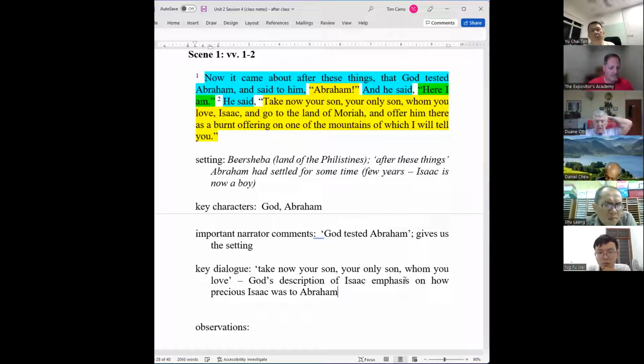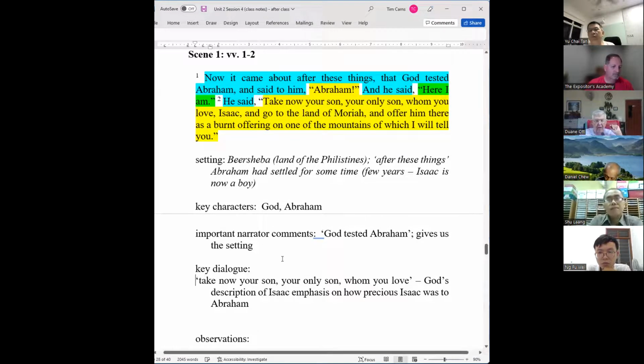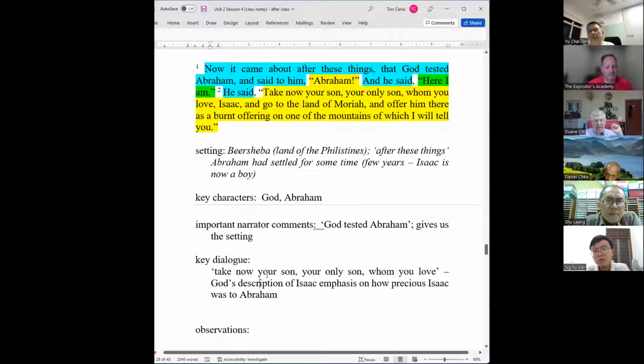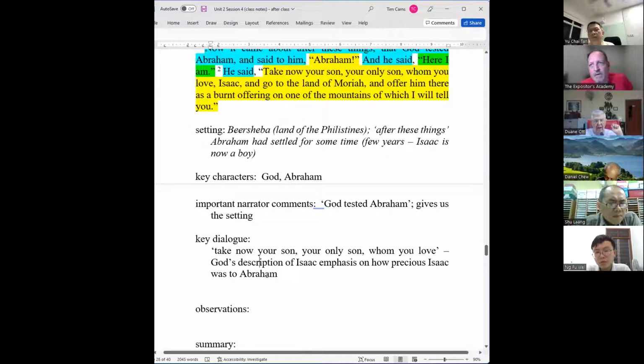I was reading a commentary today, and they said they thought he was about 20. I wonder if there's any way to determine that. He wasn't such a little guy. He was fairly grown up, at least in his late teens, or might even have been 20. Yeah, it's hard to say.